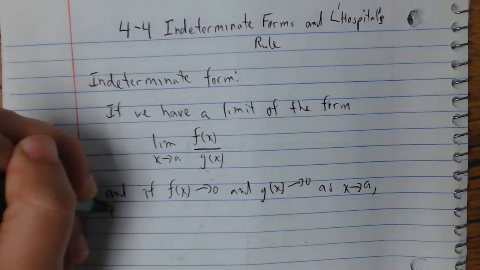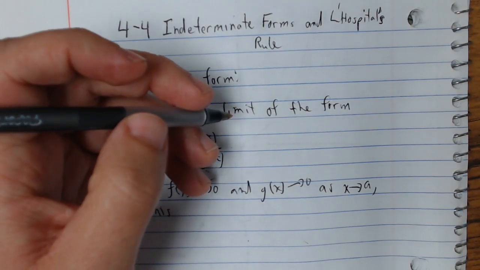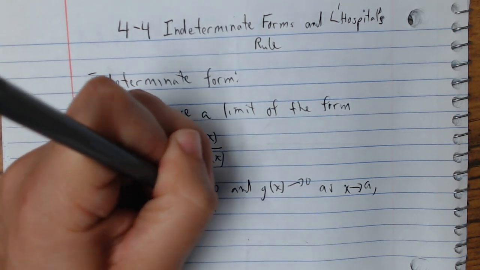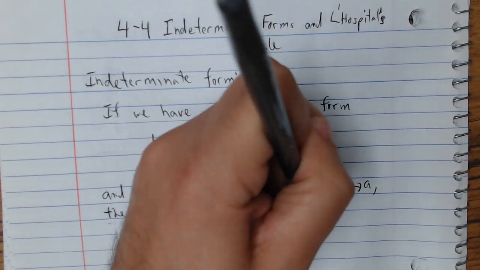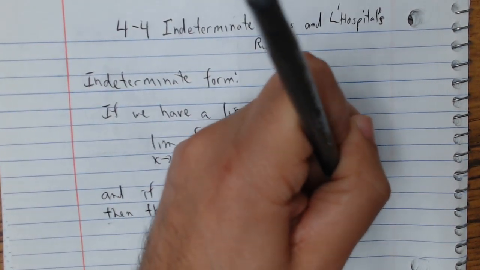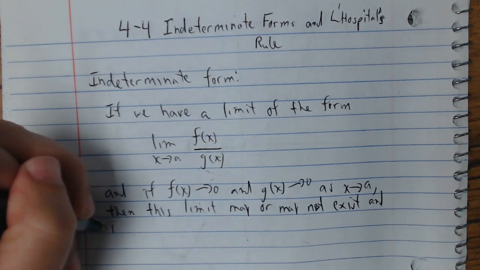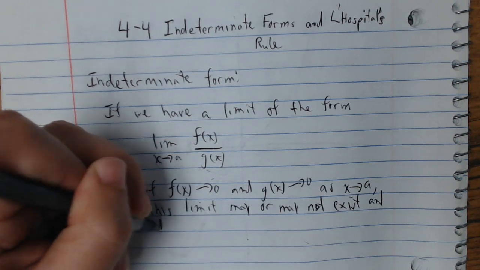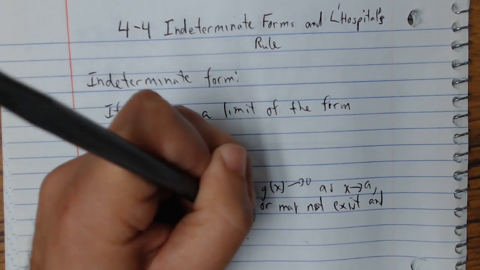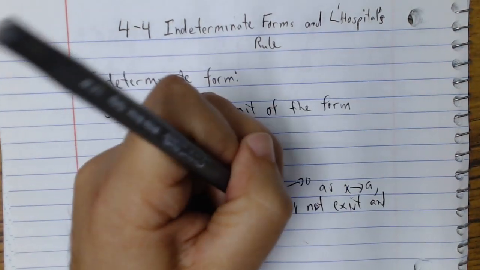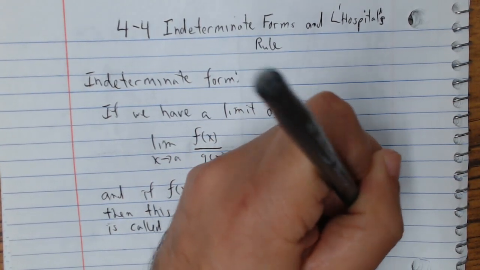We would say then this limit may or may not exist, and is called indeterminate form of type 0 divided by 0.